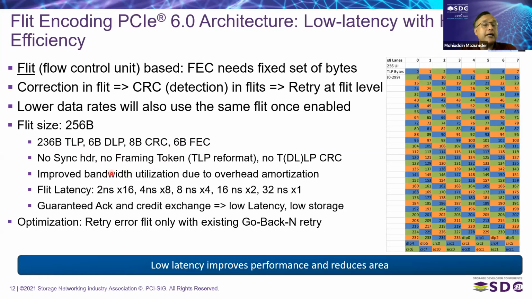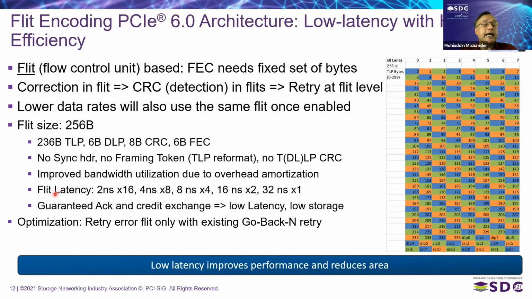Since now it is FLIT-based, there's no sync header, no framing token, so the TLP is now reformatted, and there's no transaction or data link layer level CRC. So everything is at a FLIT level. All of those reductions of overhead actually improve the efficiency, so the net loss in overall bandwidth is much more reduced.